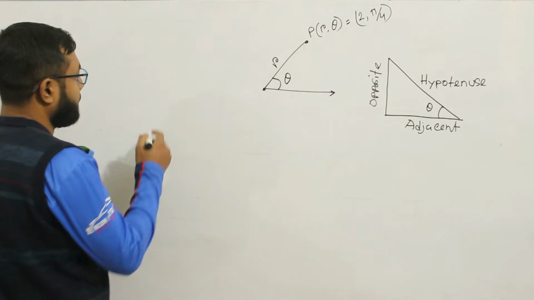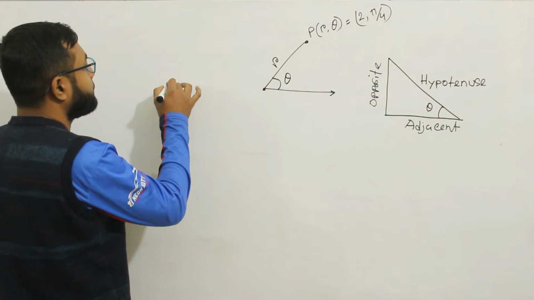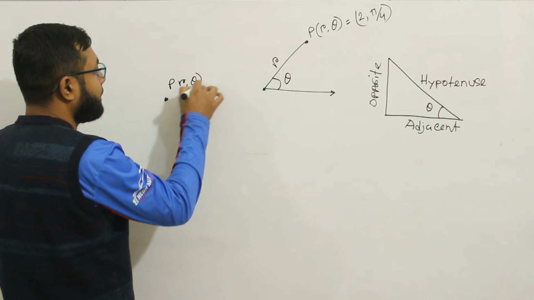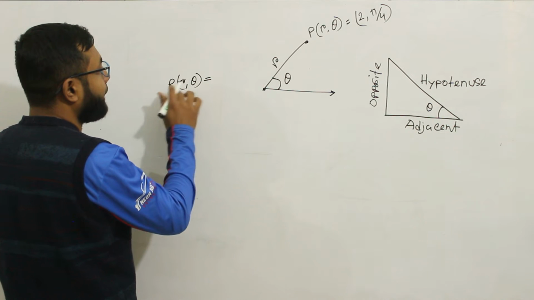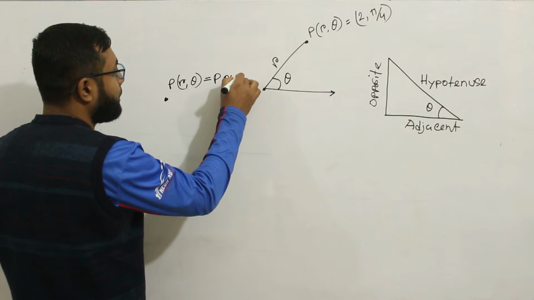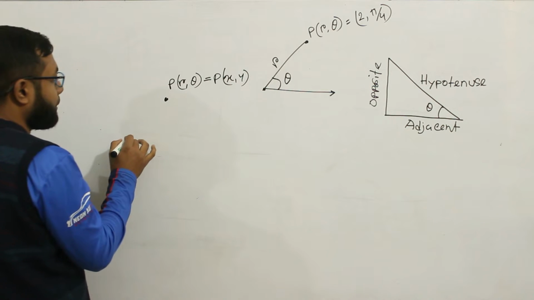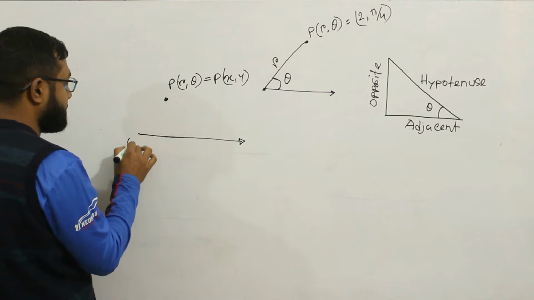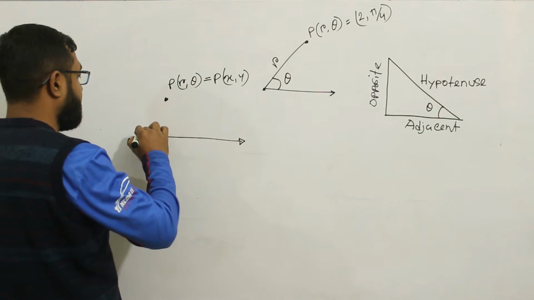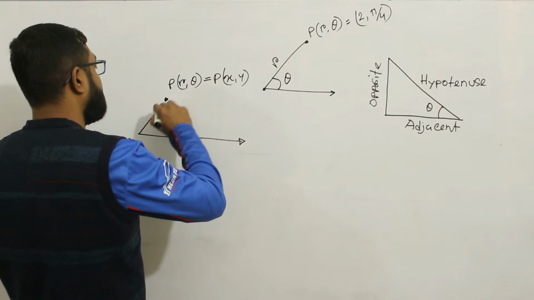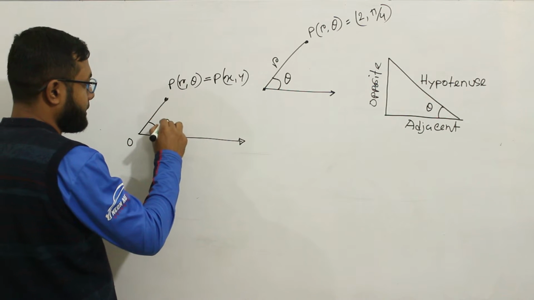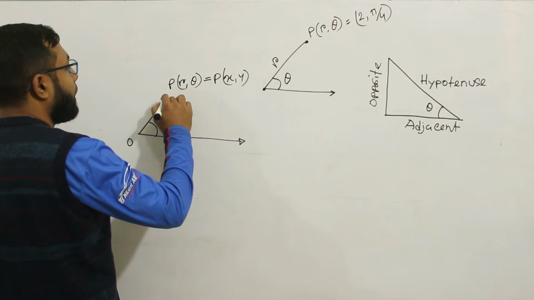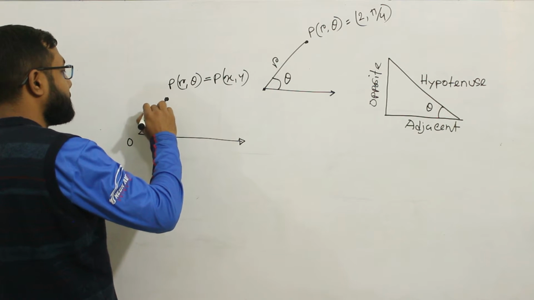Let's think about that point. The point is stated as P, and here P is given as (r, theta), and we need to convert the point P to (x, y). So now think that the initial line is here and the origin is O. The angle between O and P is theta, as stated here, and the distance from O to P is r.